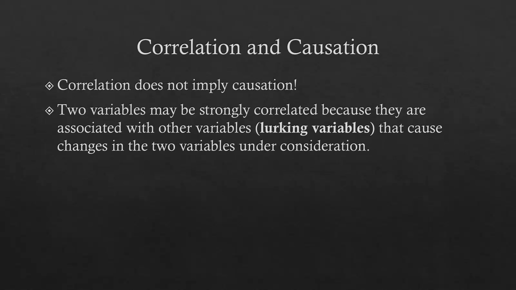So, correlation and causation. This is the important part. This is the part you're going to want to make sure that you remember: simply because you have a strong correlation, that doesn't mean necessarily that they caused each other.